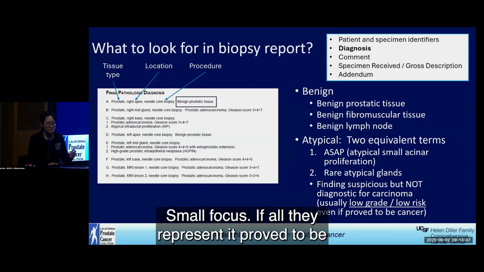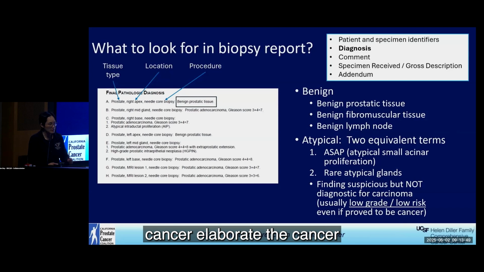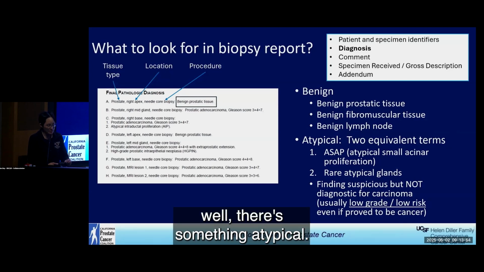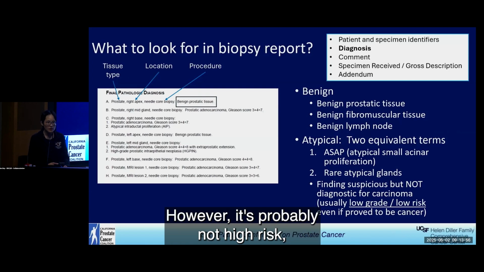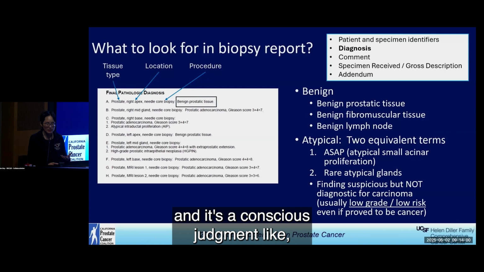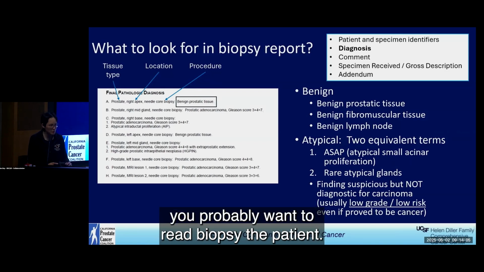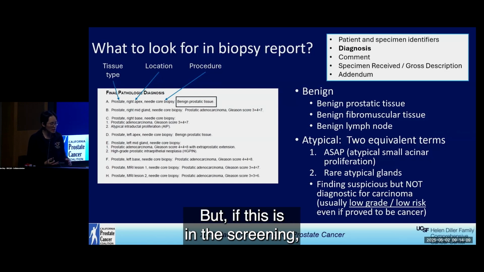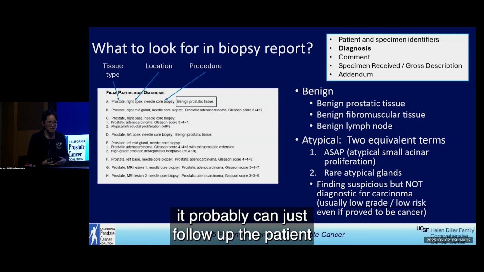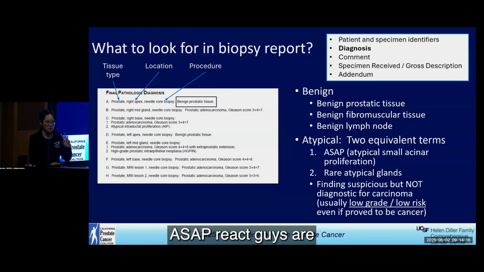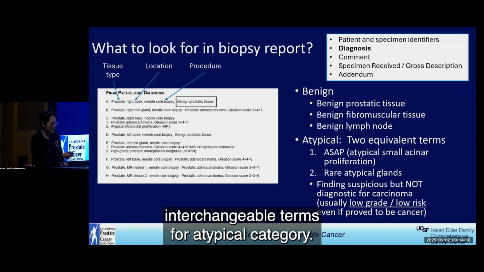And it often represents, if proved to be cancer, a low grade cancer, the kind that we don't actually want to find. So we put a flag there to say there's something atypical. However, it's probably not high risk. And it's a judgment call: if this is in a patient with a PSA of 200, you probably want to rebiopsy the patient. But if this is in a screening, you can probably just follow up the patient with other clinical information. So ASAP and rare atypical glands are interchangeable terms for the atypical category.